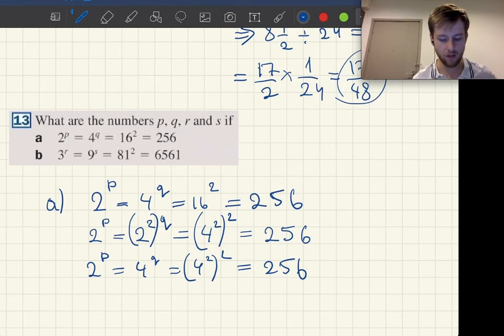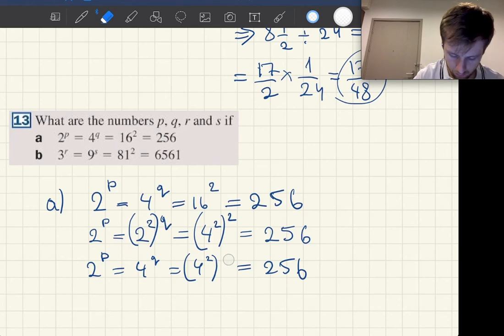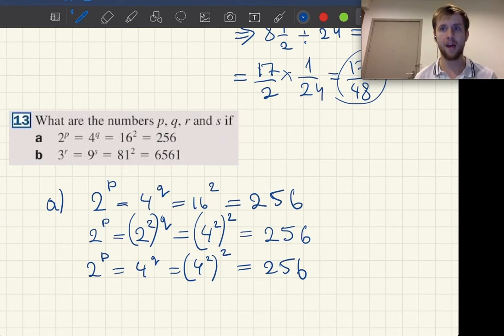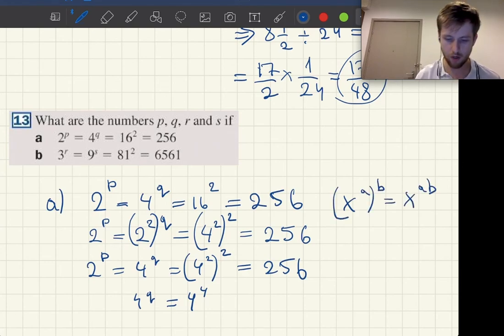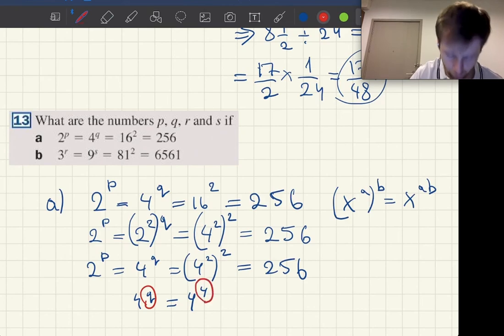So this way we can see that 4 to power Q is in fact equal to 4 to power 4, because remember I told you in the last lesson x to power a and then to power b equals x to power a times b. So 2 and then to power 2 equals 2 times 2 equals 4, and then Q is equal to 4, like this.